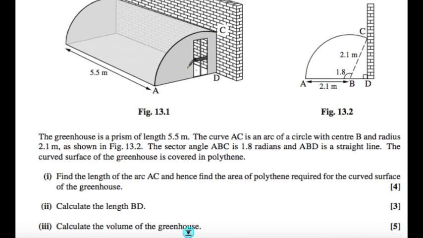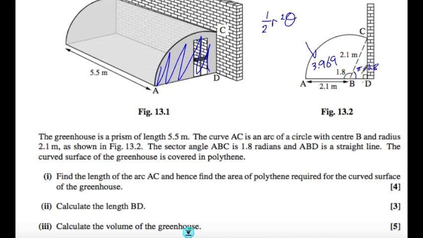So we're going to have to work out the area of this and then times that by 5.5. First of all, the area of this sector part, we can use a half r squared theta. So a half times 2.1 squared times 1.8, which gives me 3.969 as an exact number. And then to work out the area of this triangle, given that we know this angle, we can't use half base times height, because we don't know the height.